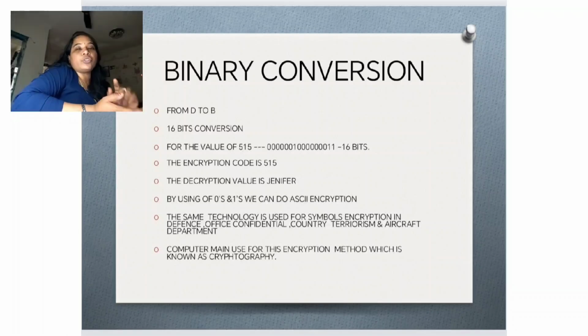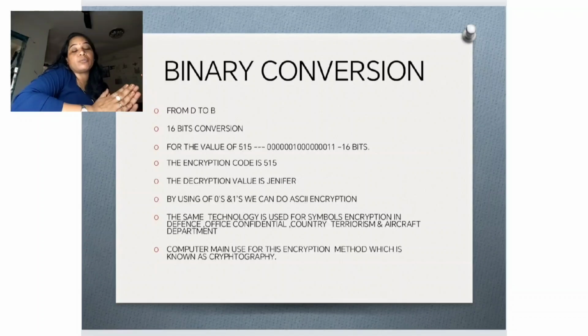So the encryption code is 515. The decryption, already I gave that, the value 515 is the encryption code, and the decryption value is Jennifer. This is the methodology we apply. We can apply all these cryptography algorithms or technology in aircraft and the defense department, as well as some terrorist gangs.